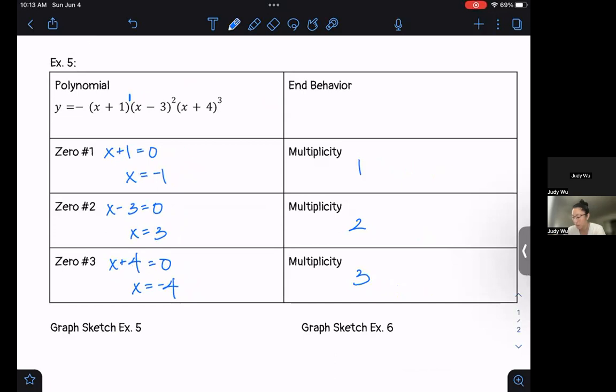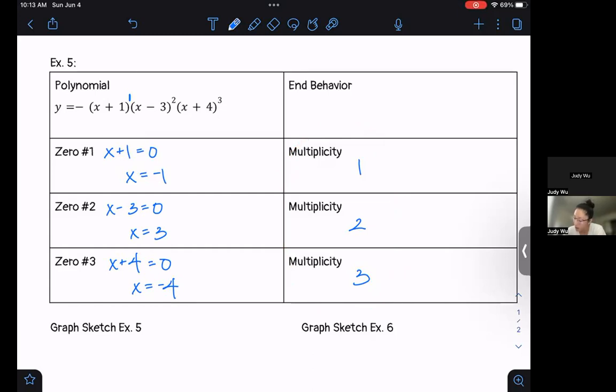Now, 1, 2, and 3 are great pieces of information in the multiplicity column, but when we start thinking about how to sketch a graph of this, we want to make sure that we know whether that multiplicity means that we cross the x-axis or we bounce back, all right?